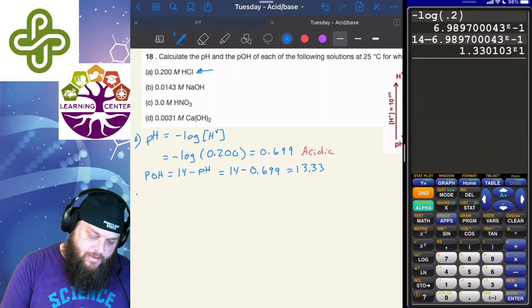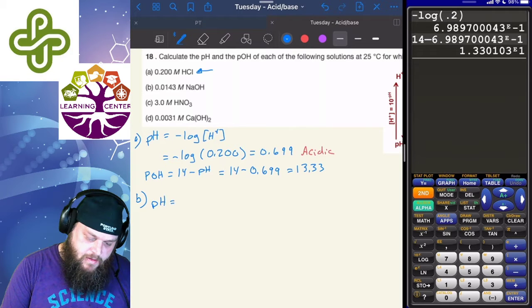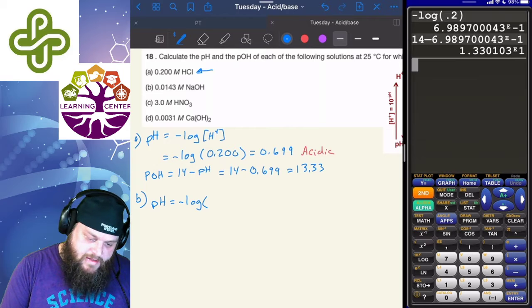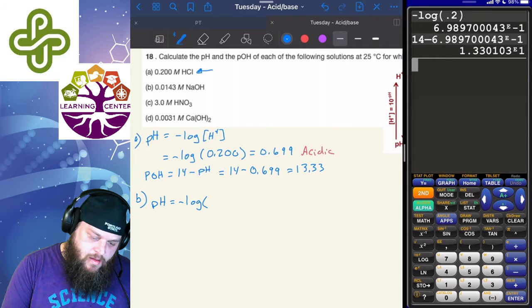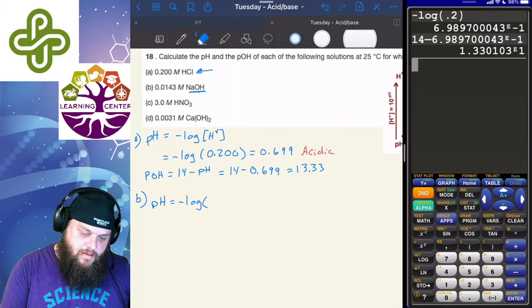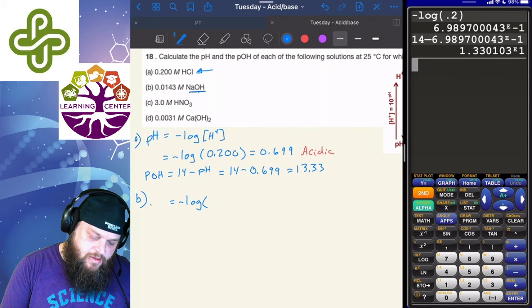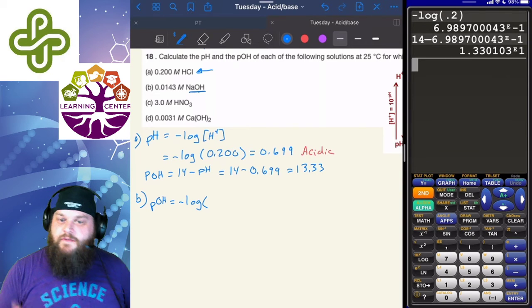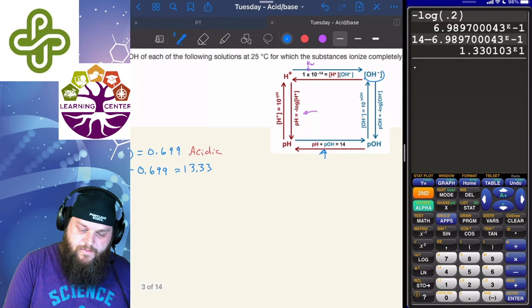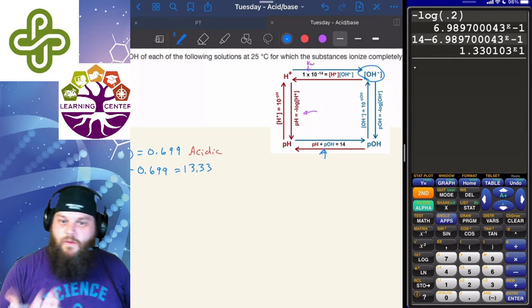We can do the same thing for part B. They're giving us sodium hydroxide, actually, so I should use that to calculate the pOH, because that concentration of sodium hydroxide is going to be equal to the concentration of hydroxide, because it has that one-to-one dissociation.